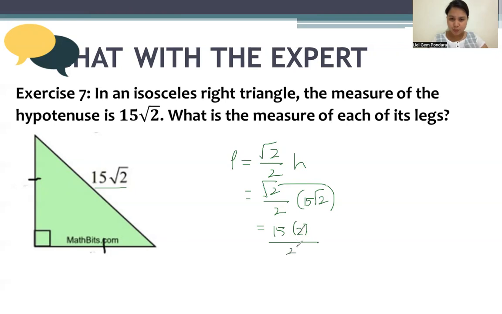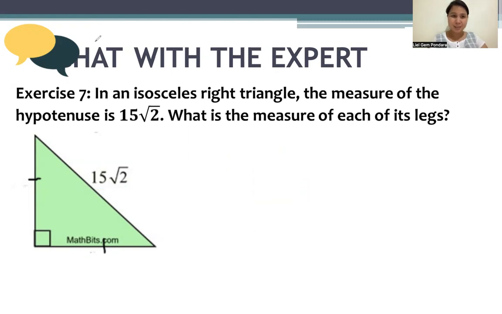We cancel the 2. The length of our leg is 15. Therefore, if this measures 15, the other leg also measures 15, and its hypotenuse measures 15 square root of 2. That's it. Let's go to the next problem.